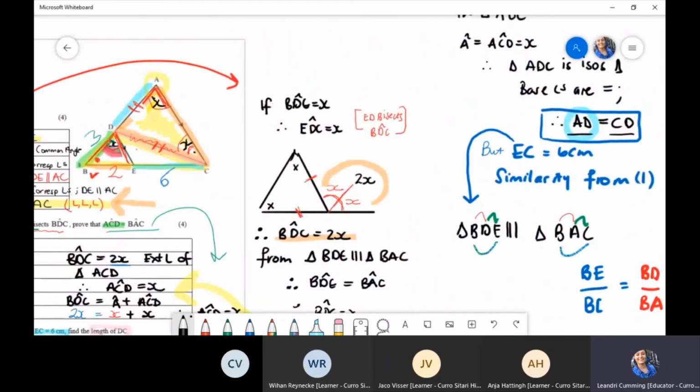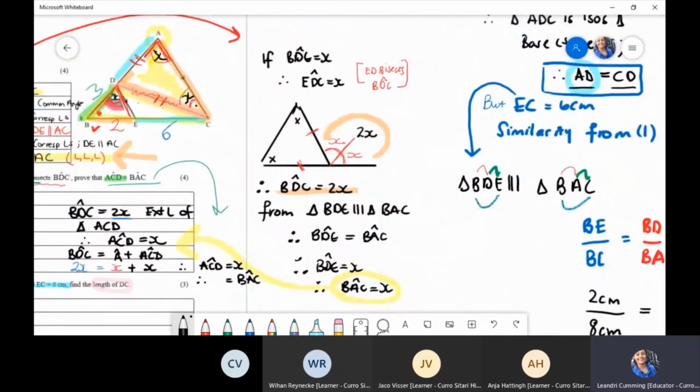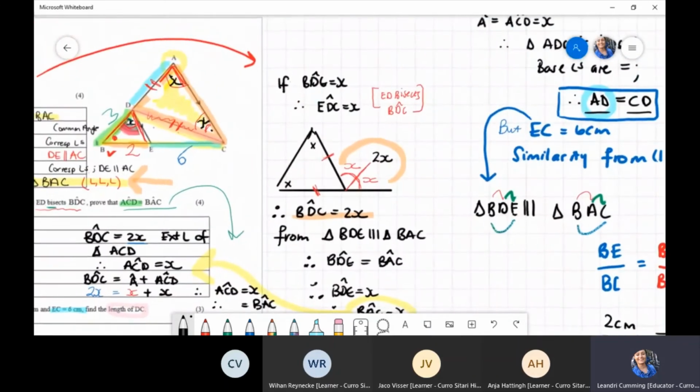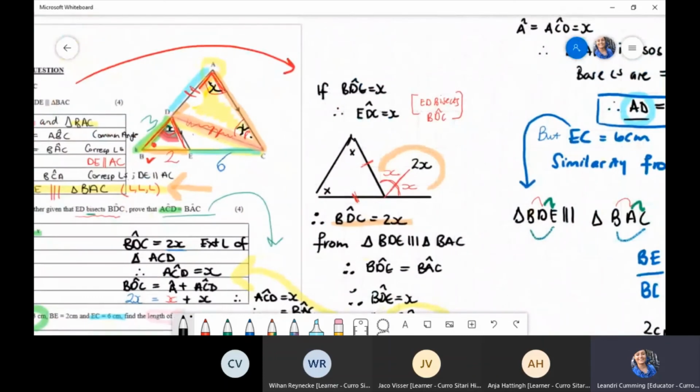Right, so let's continue with what we have. Do we have BD? Do we have the length of BD? Yes, we do. The length of BD is 3 centimeters. Do we have BA or AB? AB, no, we don't have AB. But can we express AB?